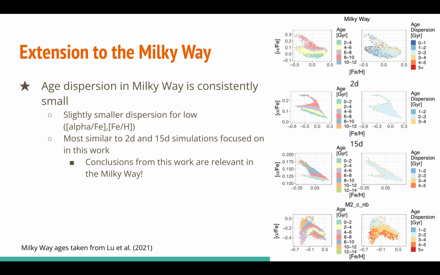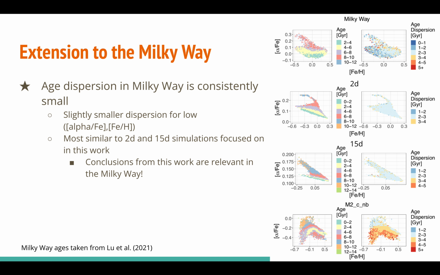In order to understand if we're able to extend these results to the Milky Way, we found that for chemically similar stars to correspond to distinct groups in age and birth radius, they needed low age and R-birth dispersions in the abundance planes.